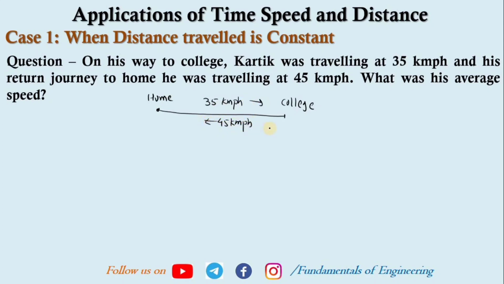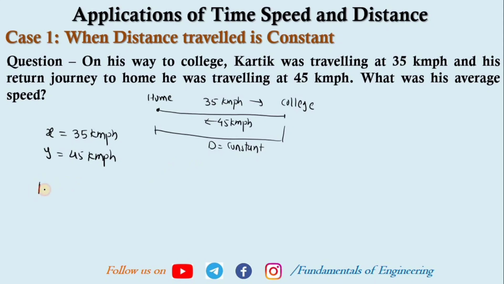Now the distance between home and college is constant. We need to calculate the average speed, and we have two speeds. Suppose speed 1 is 35 km per hour and speed 2 is 45 km per hour.